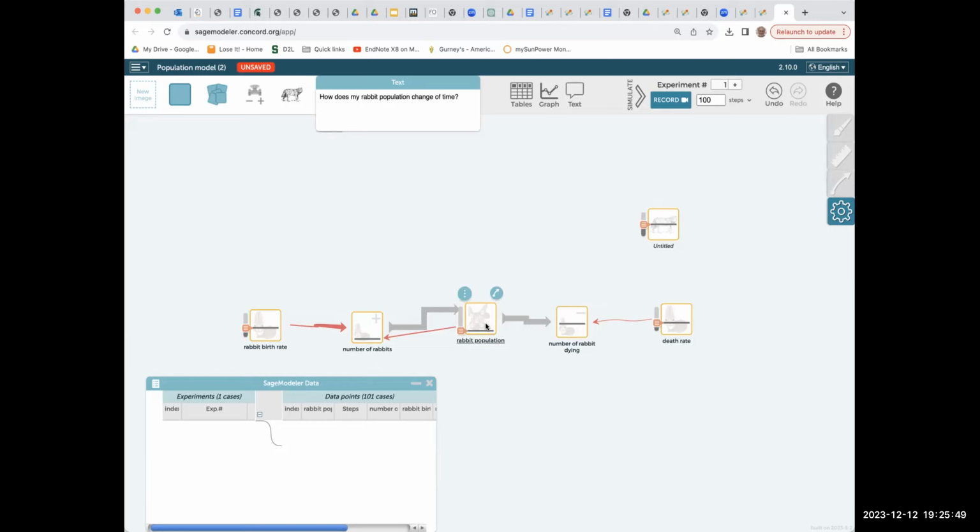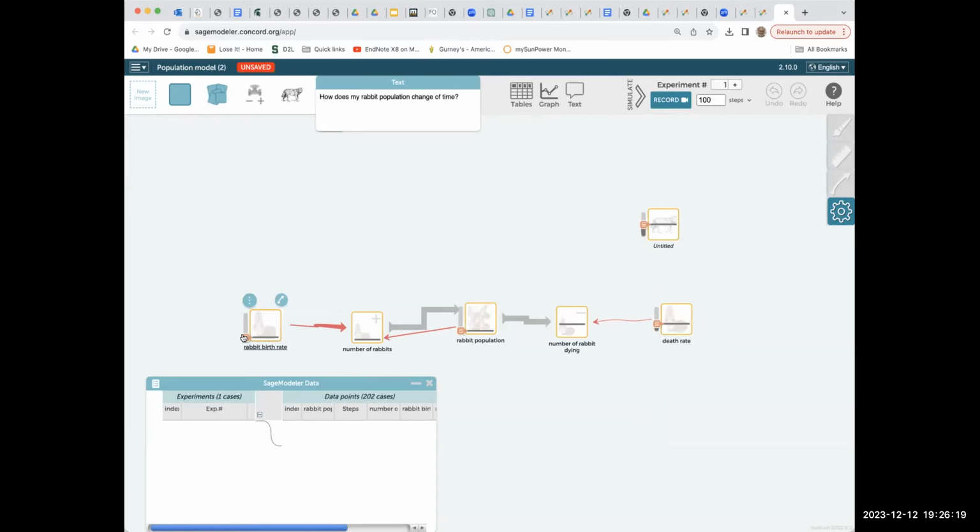Of course, my rabbit population will decrease depending upon the number of rabbits that are dying. And of course, they have a death rate as well. So given this kind of average death rate and rabbit birth rate, let's see what happens if I simulate that. Of course, we didn't get very much.